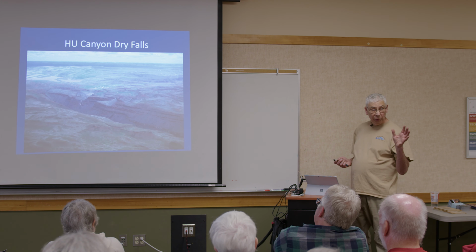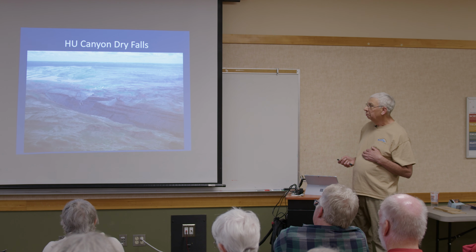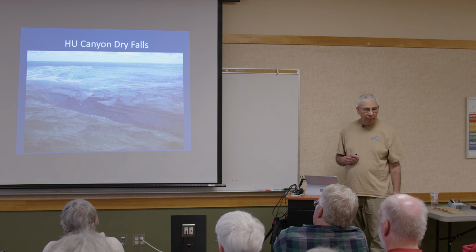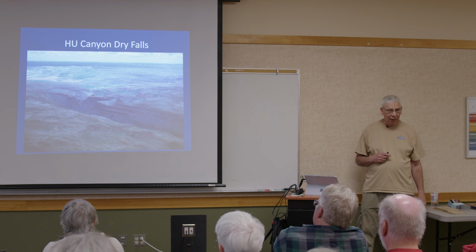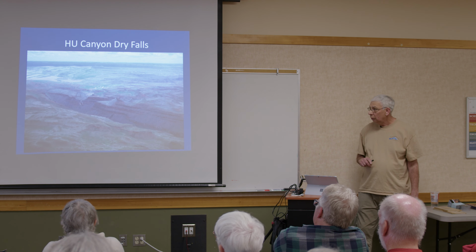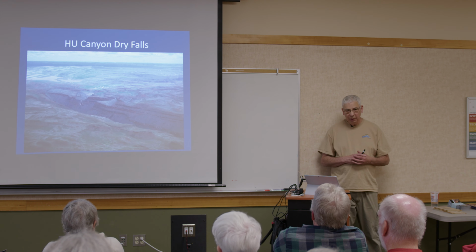A lot of you have been down to Palouse Falls, and you've gone down that winding road down to the canyon. There's a ranch down there. Pretty impressive, up and down. Well, right over here, you're missing the main part of the show. That lower part of the Hell Canyon. That dry falls there is higher than Palouse Falls. It's over 200 feet.